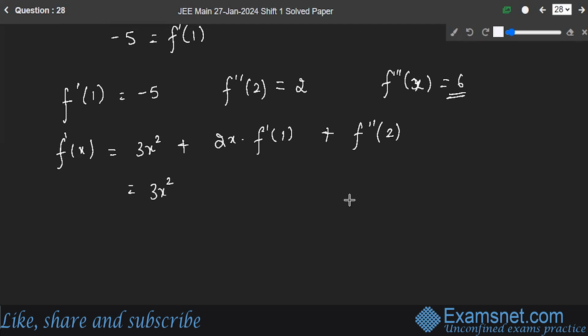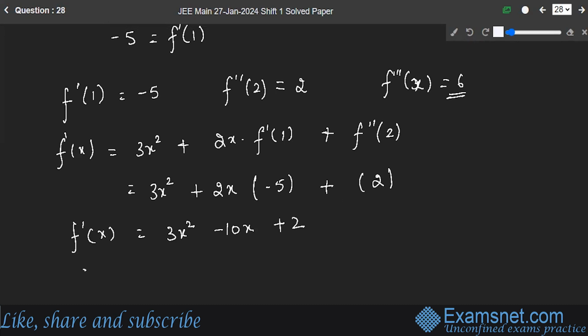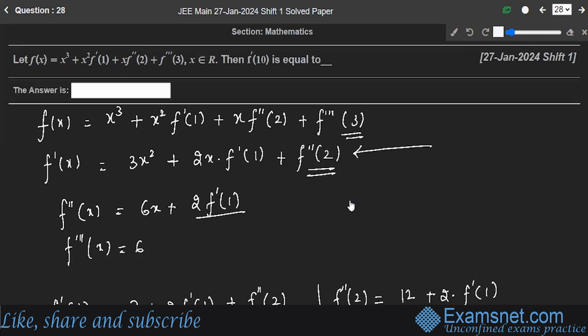So this is 3x square, this is minus 5, and this is 2: 3x square minus 10x plus 2. This is your f dash x, f dash 10. Simple question, right? So this is minus 100 plus 2. This will be 202. This is the answer to the question, 202.